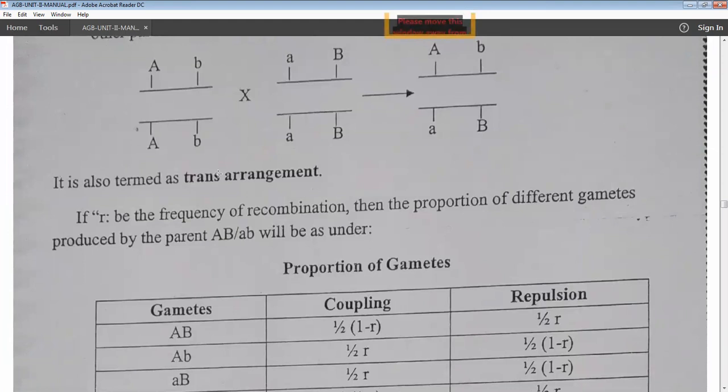So if these arrangements are there, then the proportion of gametes, also known as the frequency, of proportional gametes.